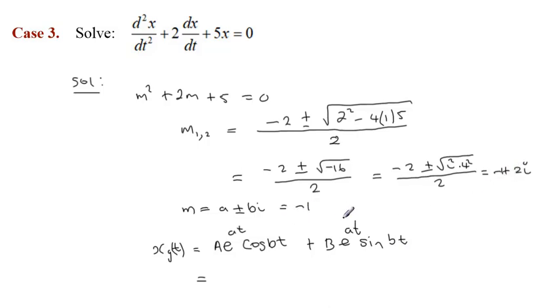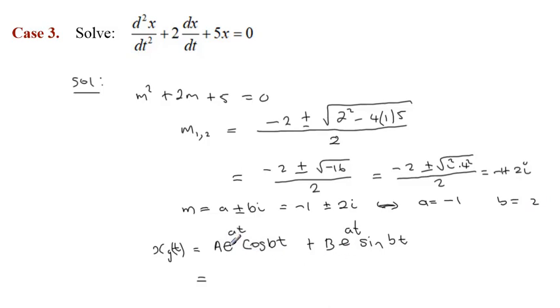In this case, we are looking at this being equal to minus 1 plus or minus 2i, which simply tells us that a is equal to minus 1 and b is equal to 2. So our solution is going to look like the following.